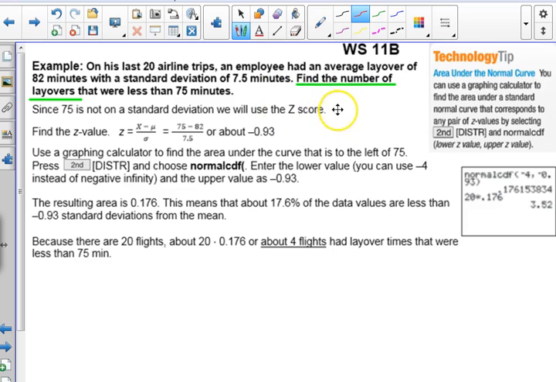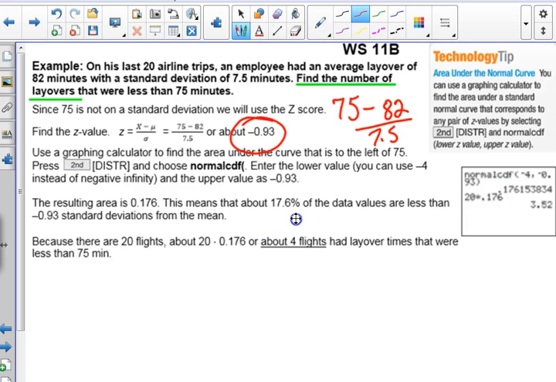If you do the z-score, you would take the less than 75 as his cutoff, minus the mean, which was 82 with a standard deviation of 7.5. Somebody type that in. I'm assuming we're getting negative 0.93. Okay?